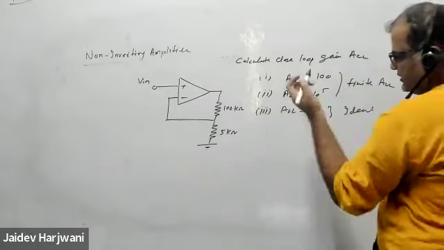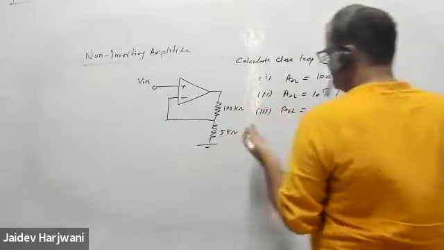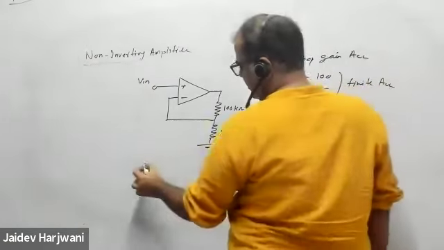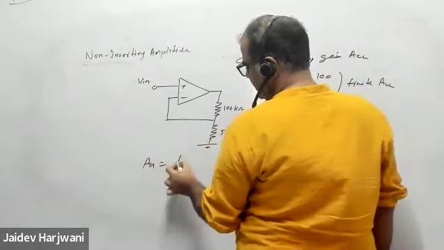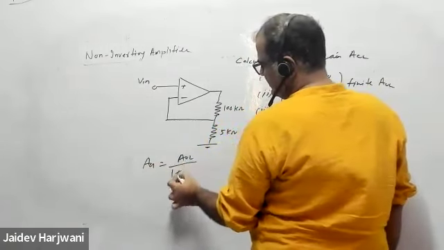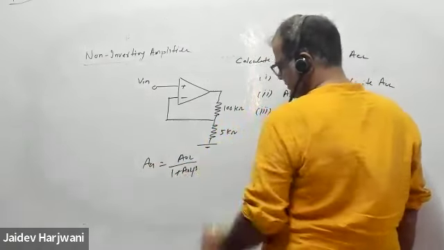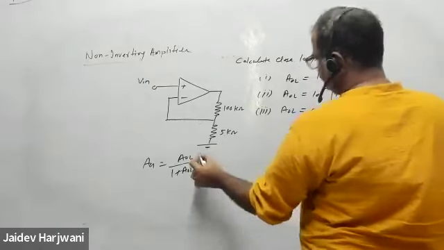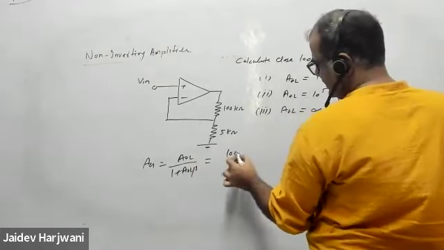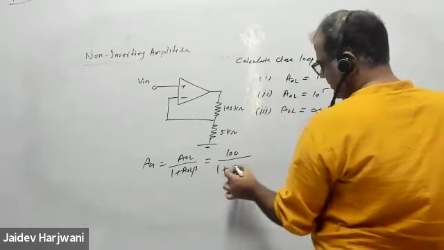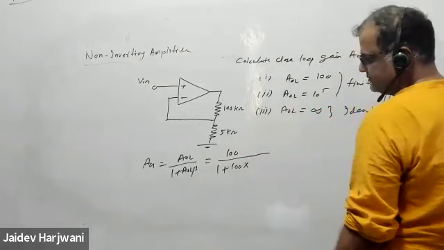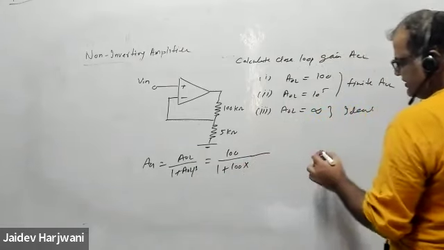So first you'll see the finite cases formula. Closed loop formula is AOL upon 1 plus AOL beta. And now we can write here AOL is 100, 1 plus AOL is 100. And beta is how much? Tell me what is beta value?